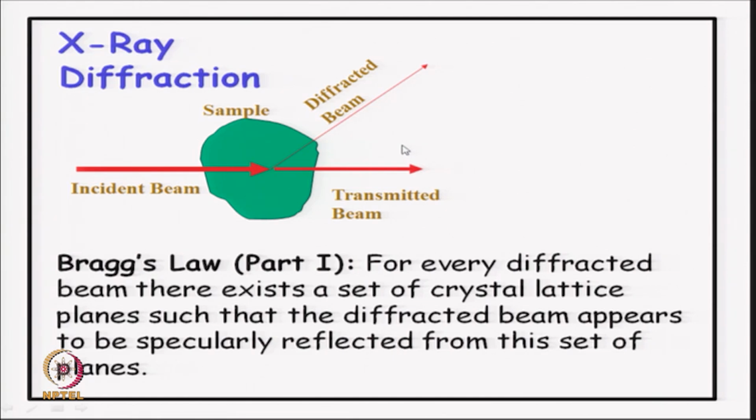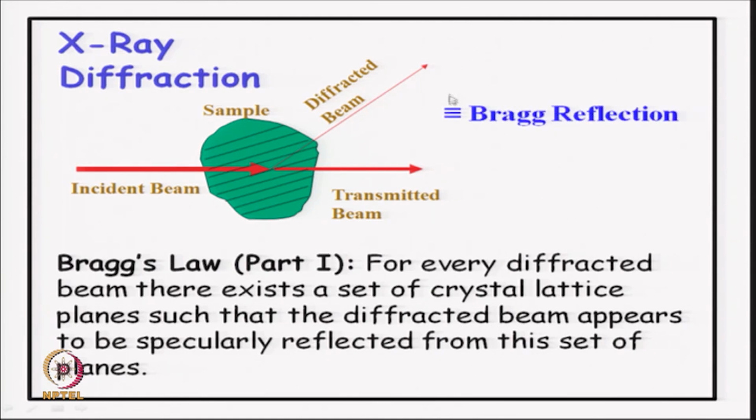If I introduce a set of planes in this sample, these parallel lines indicate the set of planes, and with respect to this plane I can imagine that the incident beam is simply reflected from this plane to create the diffracted beam. So, looking at the diffracted beam as a reflection from a crystal lattice plane was the first important step taken by Bragg, and this is the famous Bragg's law.